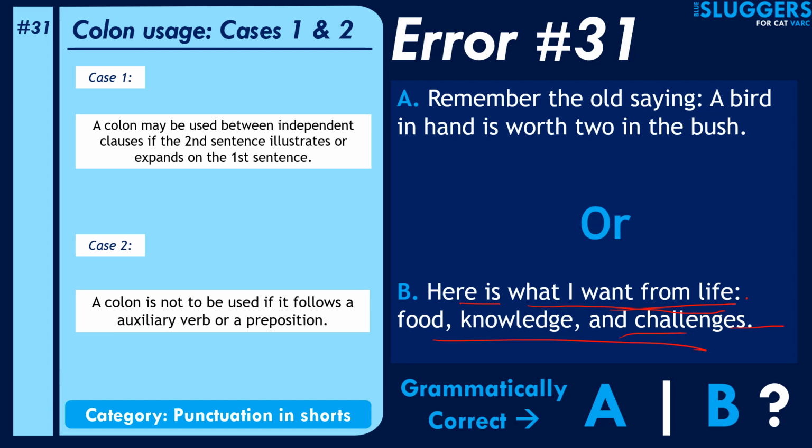So instead of saying, what I want from life is food, knowledge, and challenges, you rather say, here is what I want from life. In that case, you won't have the colon following a preposition or auxiliary verb, so it satisfies this scenario and will be grammatically correct. Okay, so I hope that's clear.